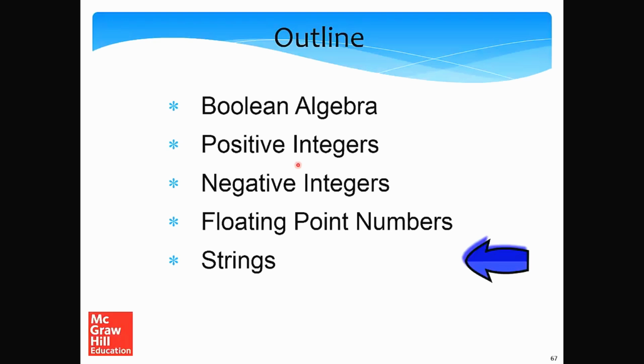We can represent both positive as well as negative integers using a set of bits. So they have their constraints, but again, we overcame all of those constraints and we came up with the 2's complement notation, which is the most effective notation as of now to represent negative integers.